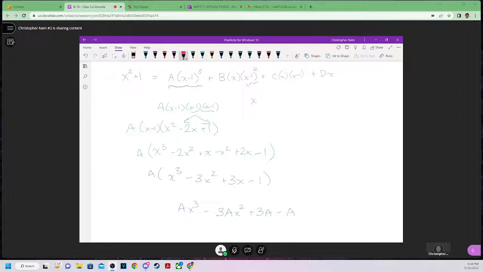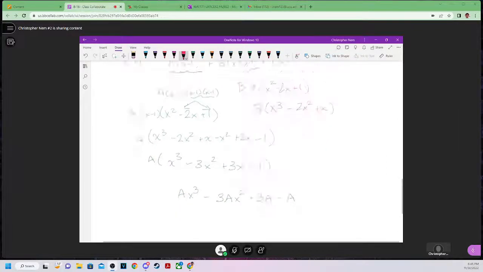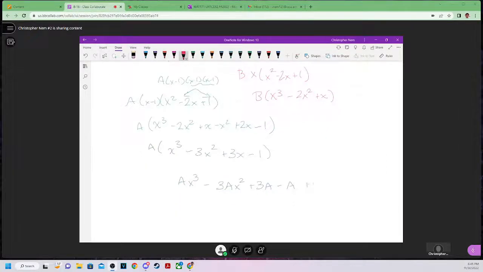So I have x times x squared minus 2x plus 1, which is going to give me x cubed minus 2x squared plus x. And lastly, I have plus bx cubed minus 2bx squared plus bx.